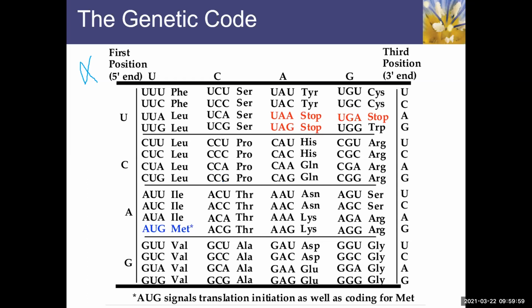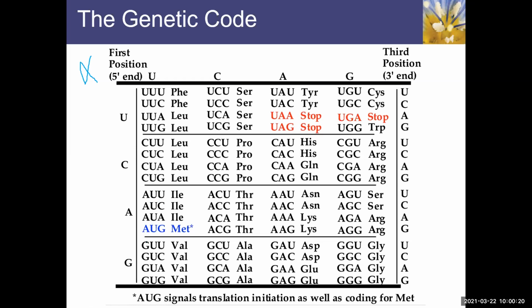Okay. So let's talk about the genetic code. I don't want to go back into the history of it. There was a scientist named Nirenberg, who was awarded the Nobel Prize in the 1960s because he was the one who broke this genetic code.